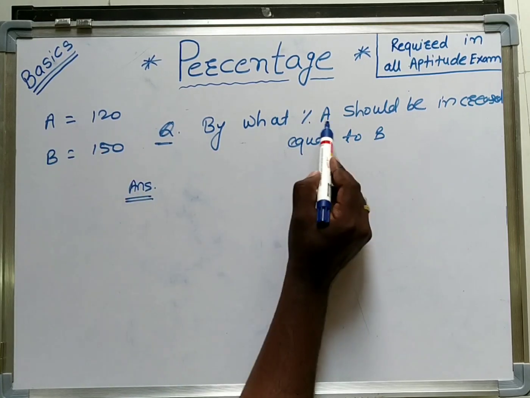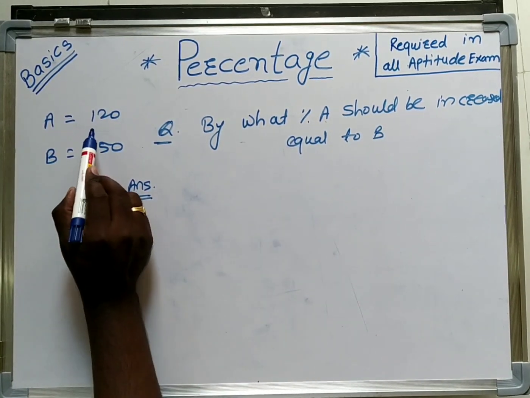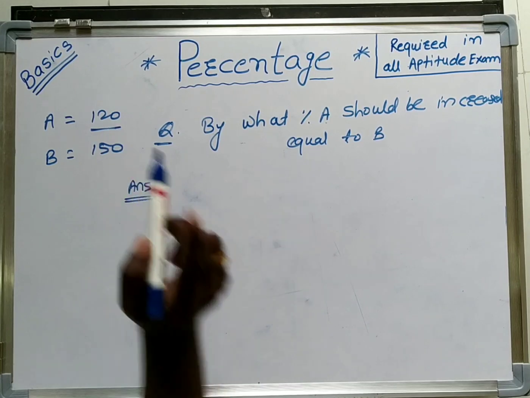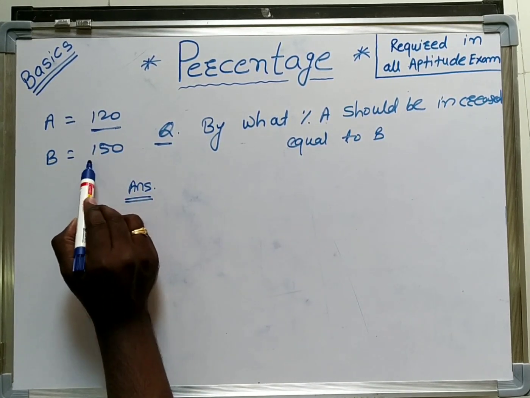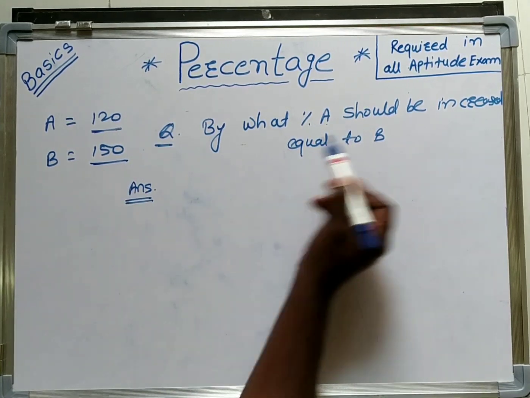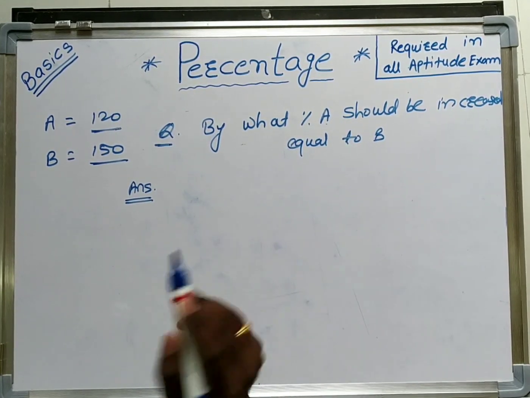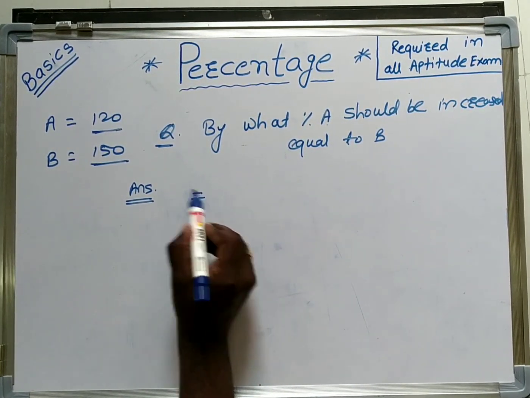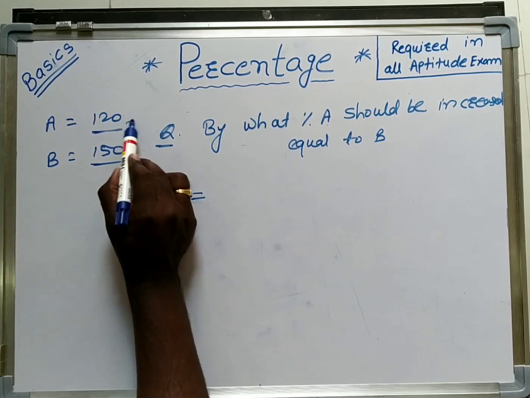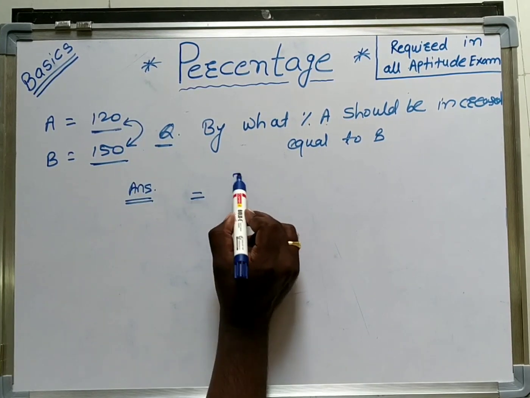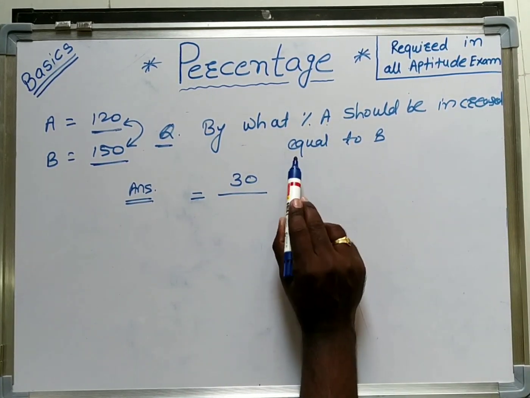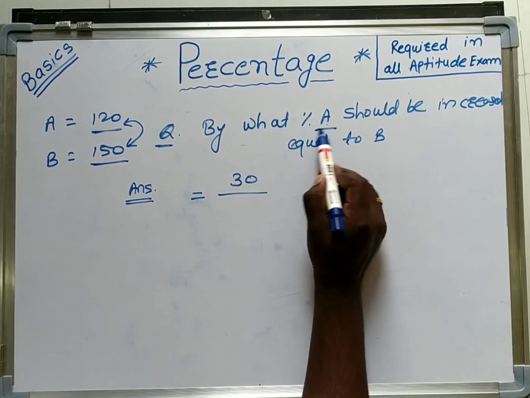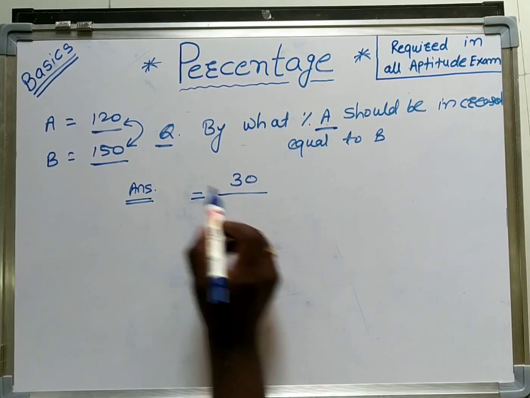By what percent should A be increased? Who is going to be increased? A, because it has a lesser value as compared with B. So A should be increased. By what value? The difference between A and B is 30, divided by A, since A is the one to be increased to equal B. What is the value of A?